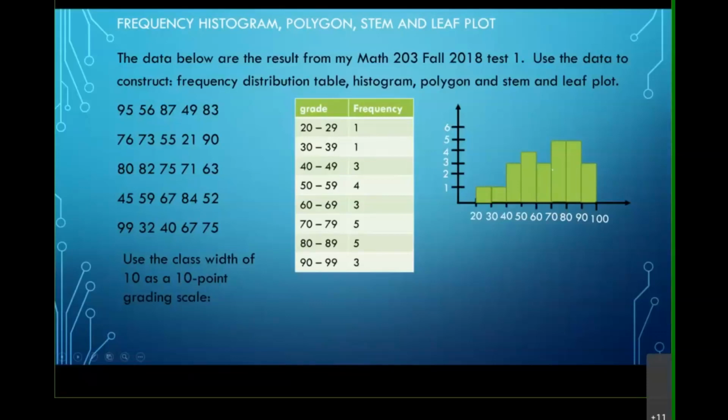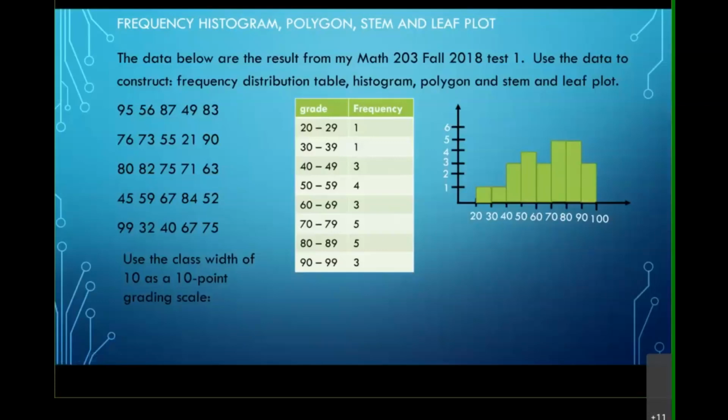Looking at this, you can see the majority of students are between 70 and 90. Ten of them out of 25 are between 70 and 89. With this shape we can compare our data. But like I say, the unique thing about the histogram is all of your boundaries have to touch one another.